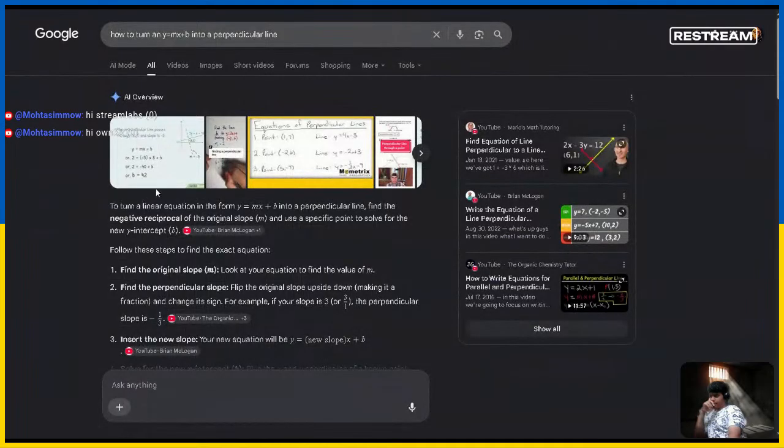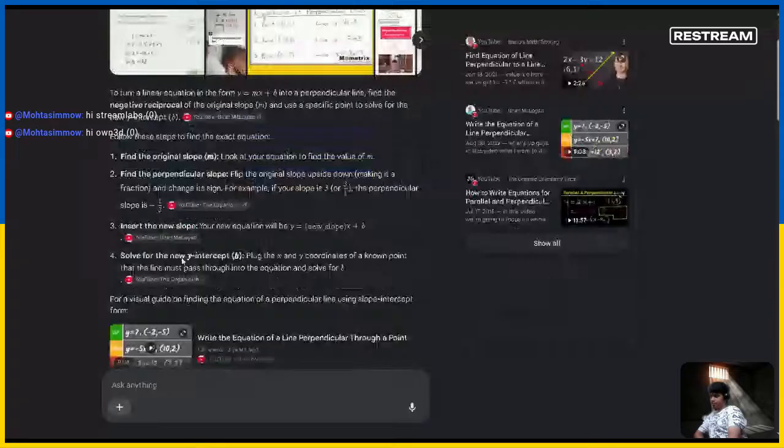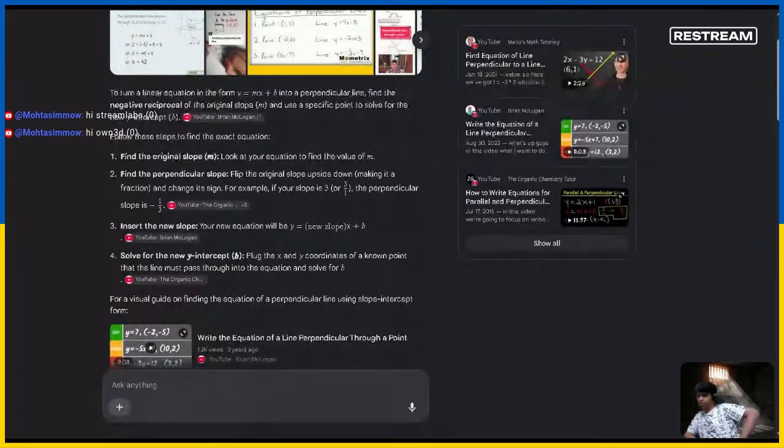The perpendicular line first m, and use a specific point to solve for the y-intercept. Find the original slope. Find the perpendicular slope. Flip the original equation upside down. For example, if your slope is 3 over 1, the perpendicular slope is negative 3 over 1.